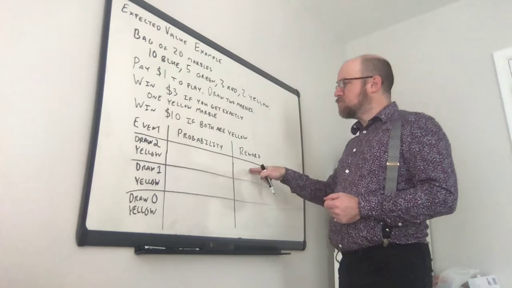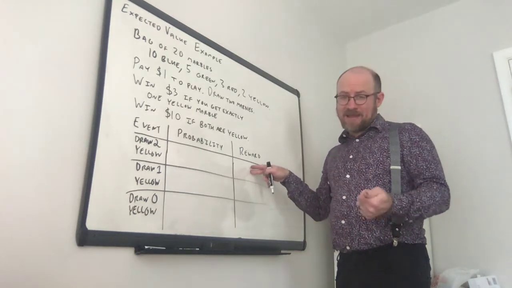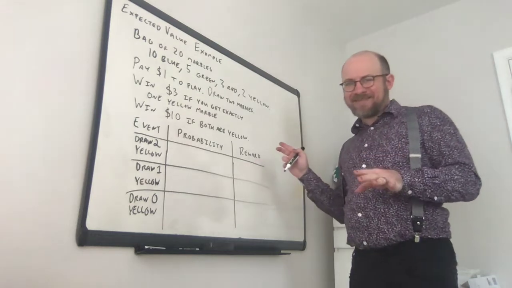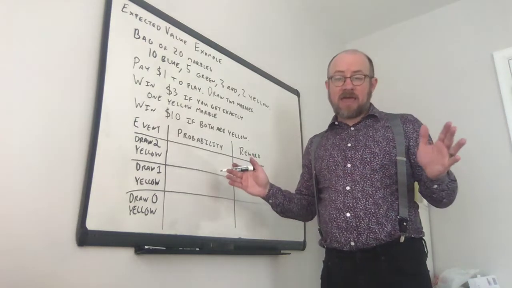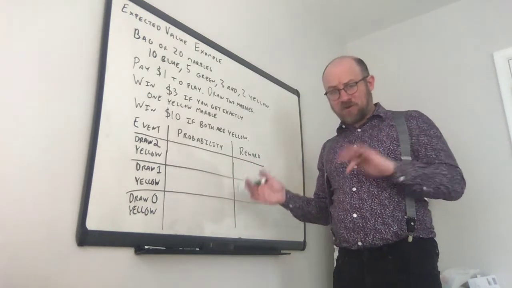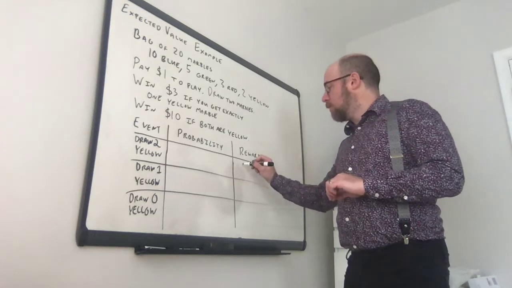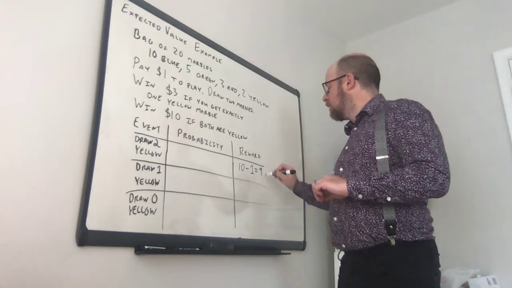If you draw 2 yellow, your reward is going to be that you win $10. But remember from the last lecture, your reward needs to be the total amount that you come out ahead. So you paid $1 to play in the first place, and so your reward is 10 minus 1 equals $9.